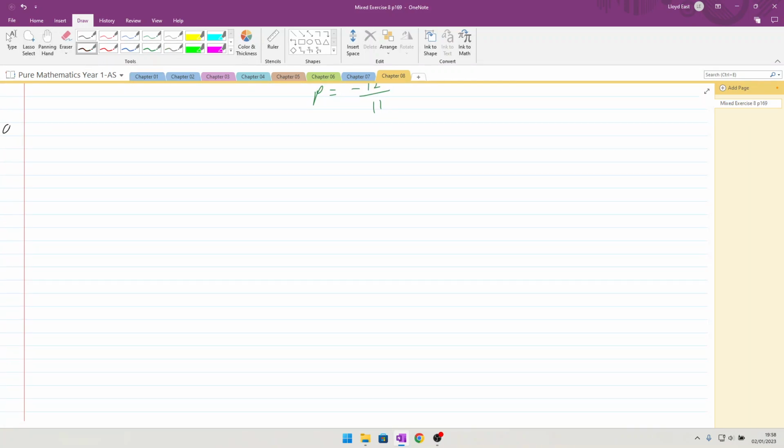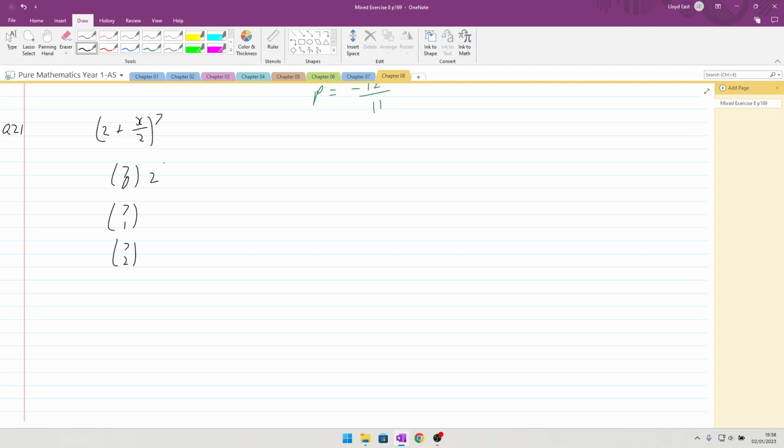Question 21. Find the first three terms, in ascending powers, of the binomial expansion of (2 plus x over 2) to the power 7. As always, we're going to have 7C0, 7C1, 7C2 to work out.